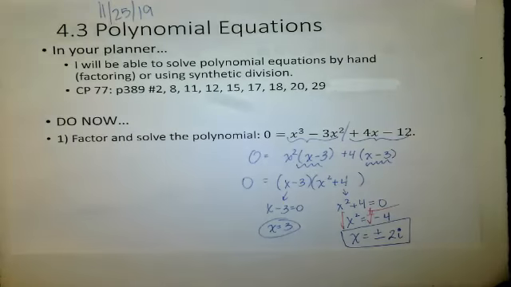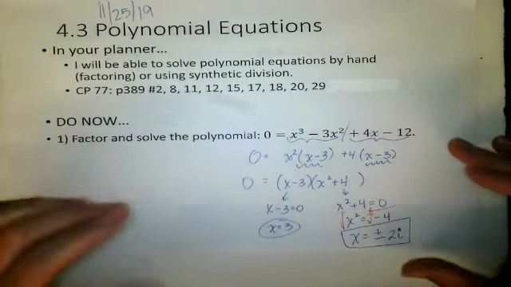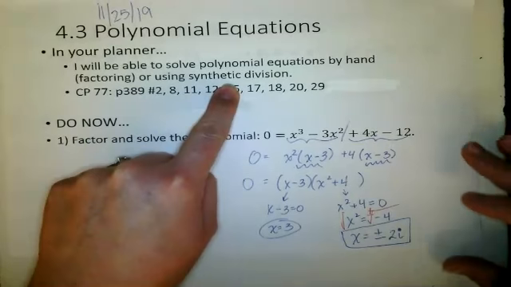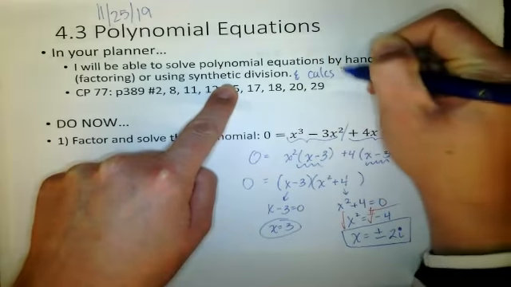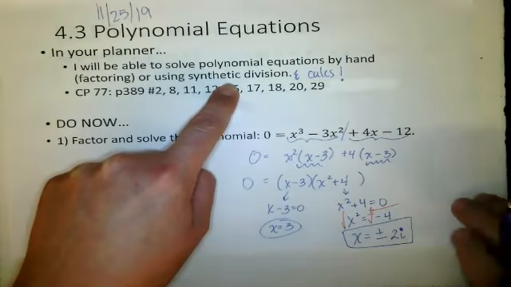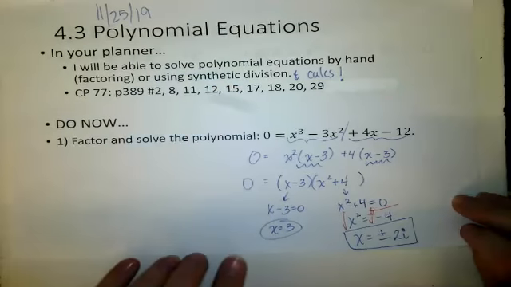So that's really cool, and we can factor that by hand, and not factor by hand, but solve it by hand. Now, sometimes we can't solve by hand. And if we can't solve by hand, then we can use synthetic division and our calculators to help us do that. Okay.